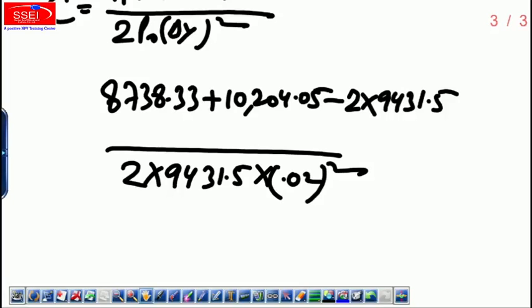8738.33 plus 10,204.05 minus 2 into 9431.5. And then in the denominator 2 into 9431.5 into 0.02 square.